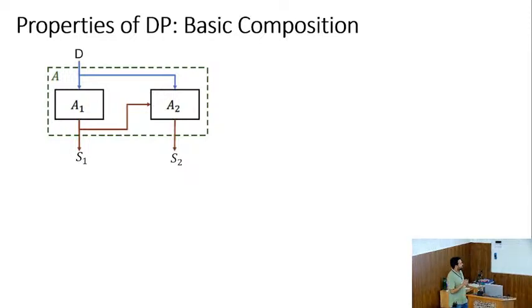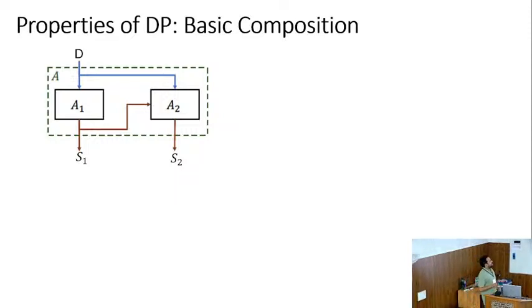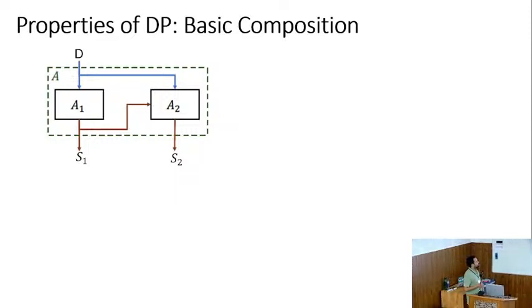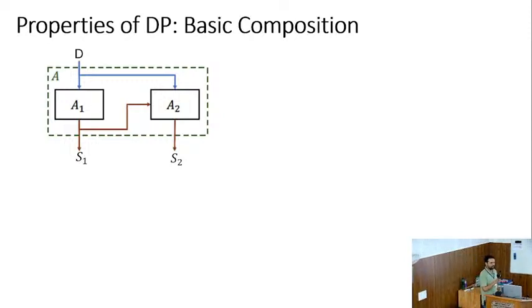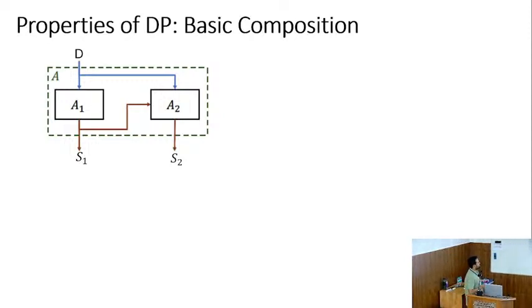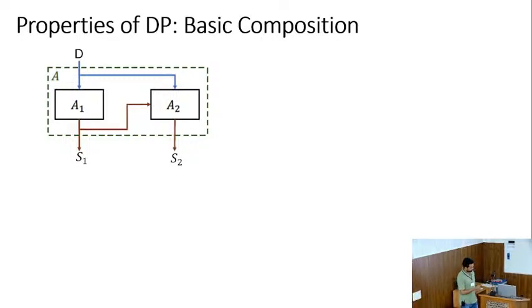Not only that, algorithm A2 takes as one of its inputs the output of A1. Whatever algorithm A1 outputs gets fed to algorithm A2. We have this kind of algorithm.